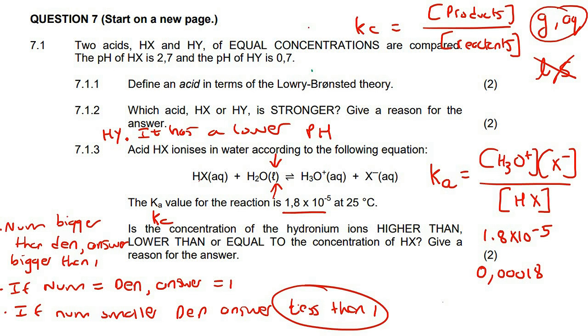They ask, is the concentration of the hydronium higher than, lower than, or equal to the concentration of HX? We just said that the denominator is going to be larger, so the concentration of hydronium ion is going to be smaller than the concentration of your HX. So we just say smaller, because the value of Ka is smaller than 1.